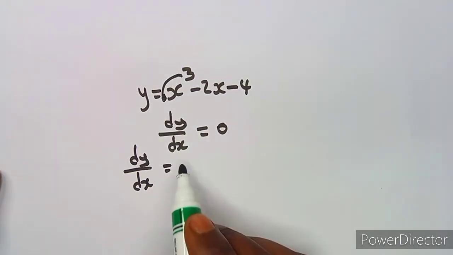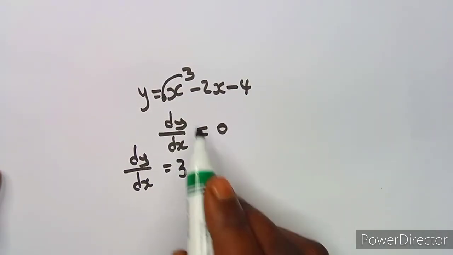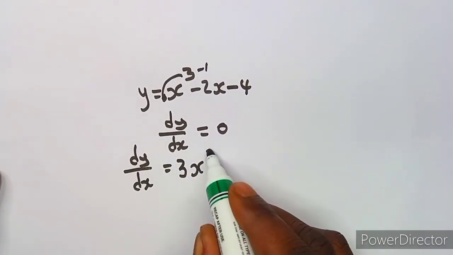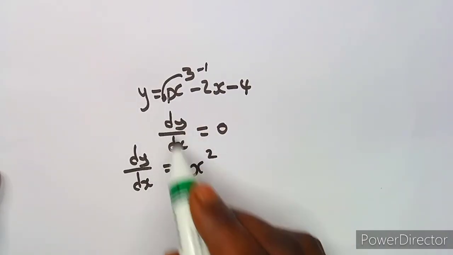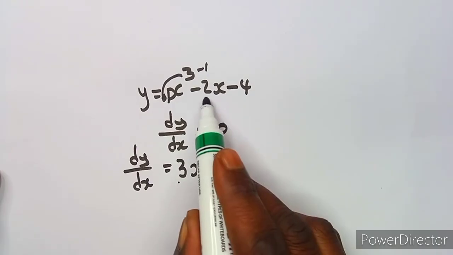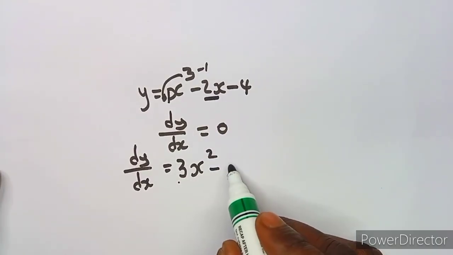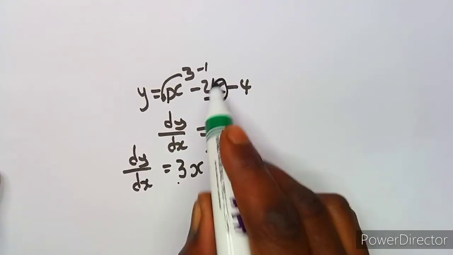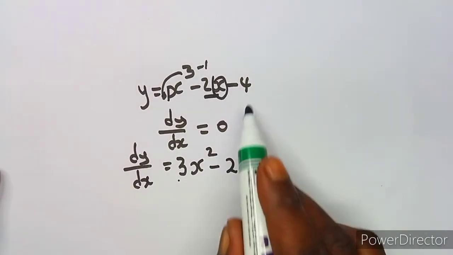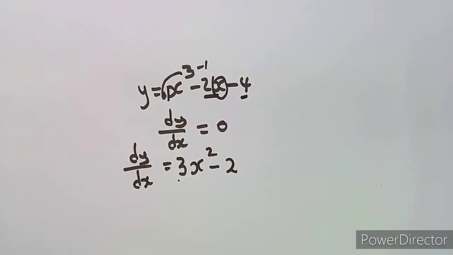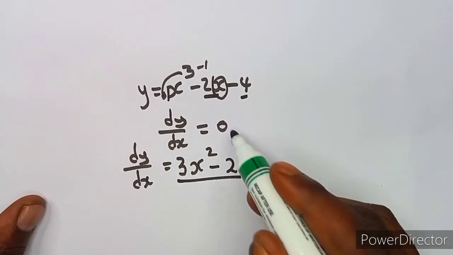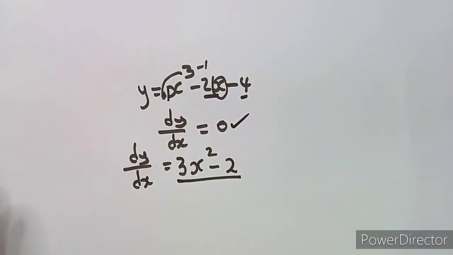This one is going to be 3 x to the exponent of, we subtract 1, which is 2. So it's 3 times 1, which is 3. Minus 2x, guys, remember, it's going to give us minus 2 because of the x there. Minus 4, the derivative of minus 4 is a constant, so it's going to give us a 0. So we know that the first derivative should give us a 0 there.